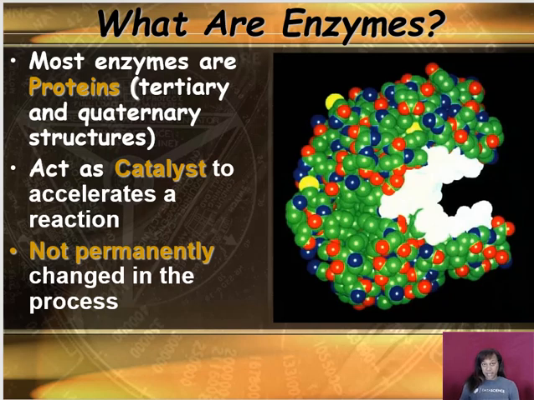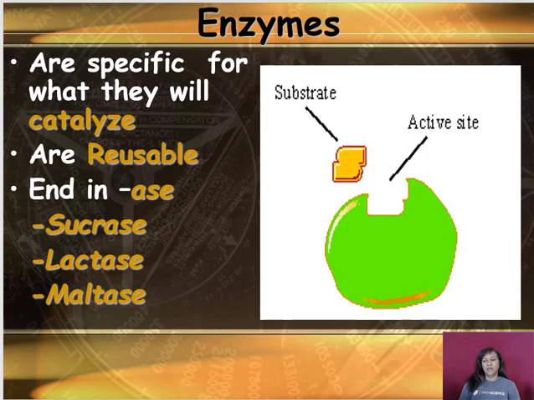And enzymes act as catalysts. They accelerate a reaction. However, they are not changed in the process of accelerating that reaction. That's really important to remember. They're very specific. Enzymes are kind of like a lock and a key.